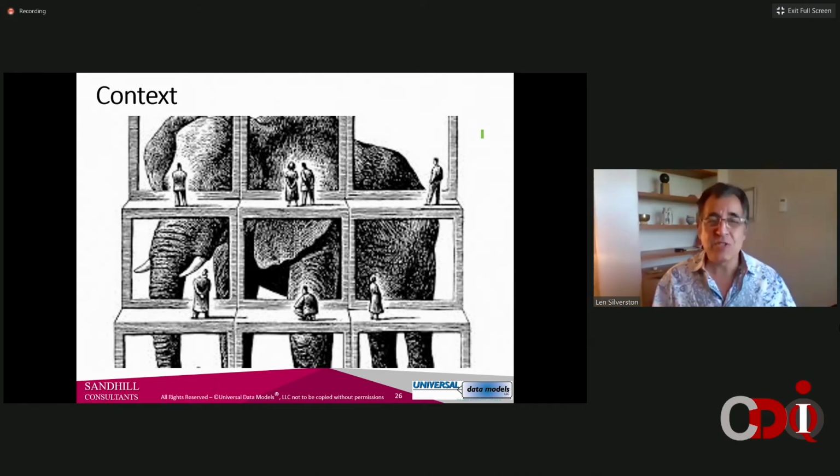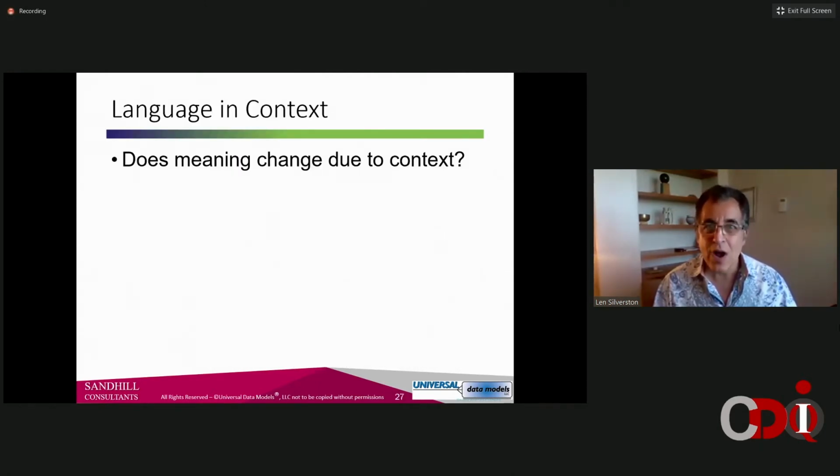And this is the same thing that we do on terms. We look at a customer term, we say, well, customer is this, a product is this, a feature is this, a telecommunications network is this. So does meaning change due to context? Absolutely. What we need to understand is a lot of these terms mean different things.